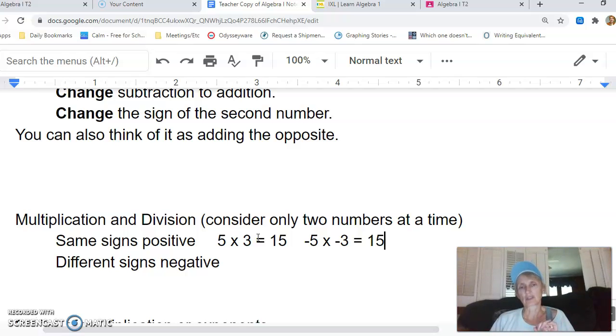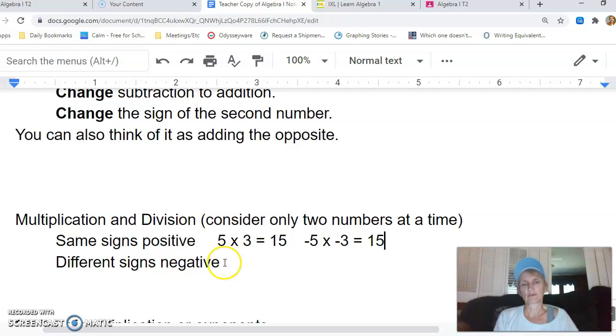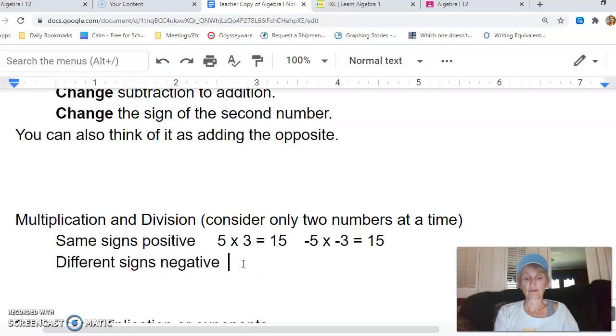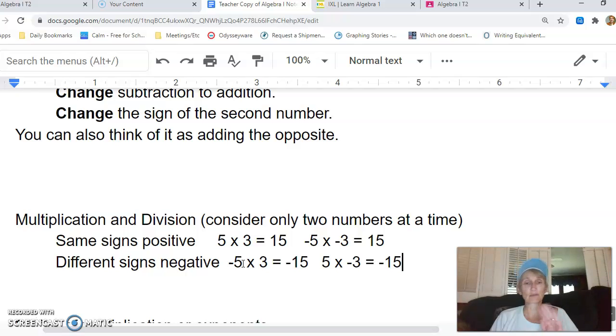So if the signs are the same, it's going to be positive. If the signs are different, whether I have a negative 5 times 3, or I have a positive 5 times a negative 3, both ways, the answer is negative. It doesn't matter who's bigger in multiplying and dividing. Okay? It's going to be negative.